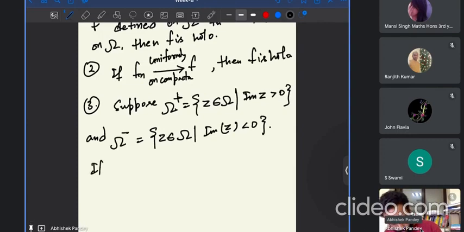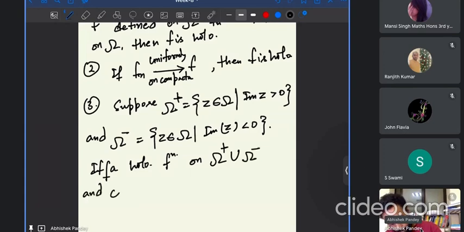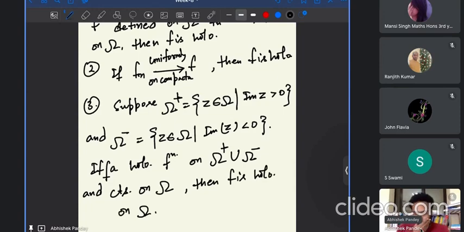So if f is a holomorphic function on omega plus union omega minus and continuous on the whole omega, then f is holomorphic on omega. So this we will see now.